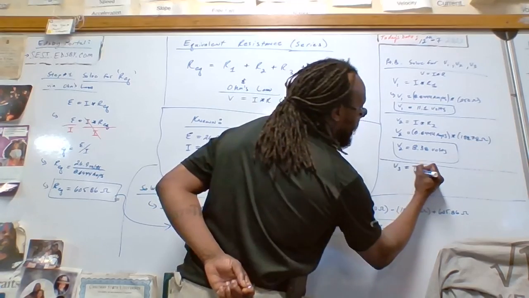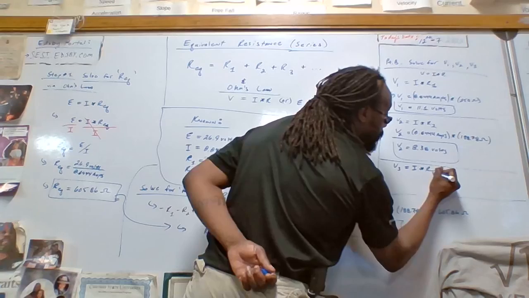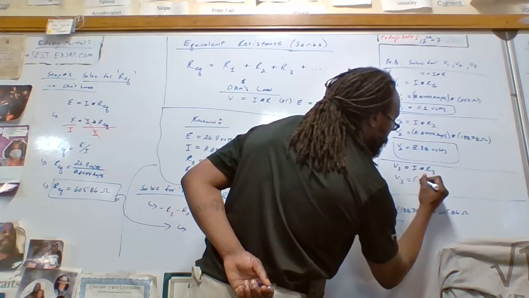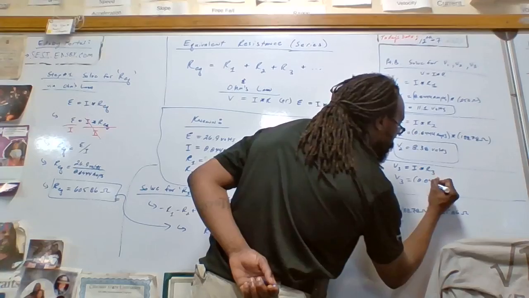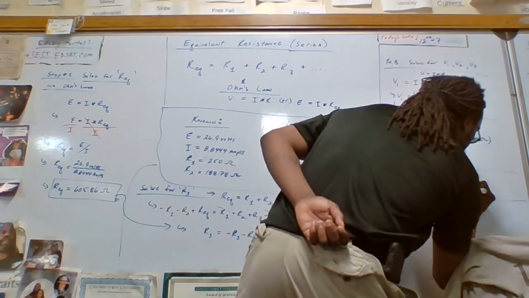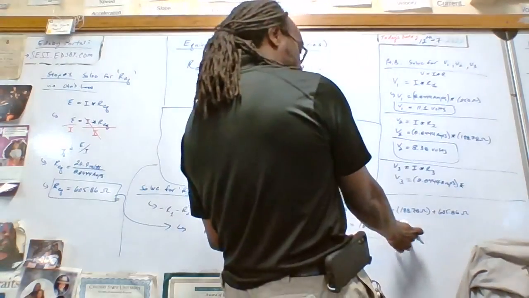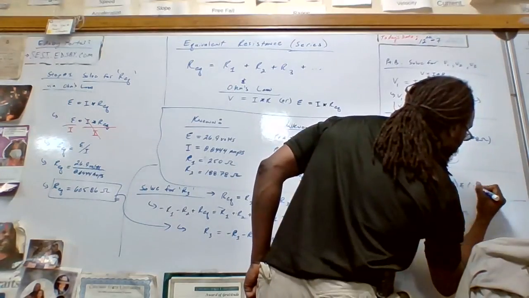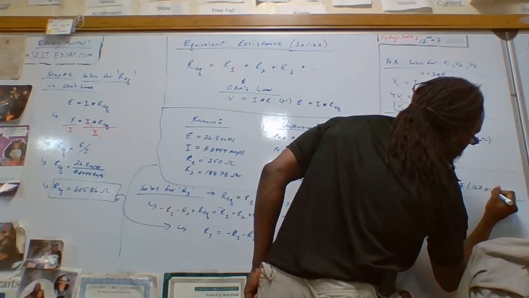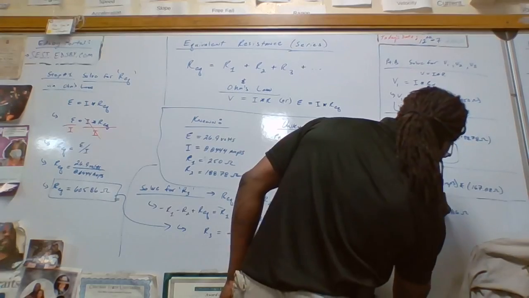V is equal to I times R3. So V3 is equal to 0.0444 amps multiplied by R3, which we figured out right here, 167.08 omega.